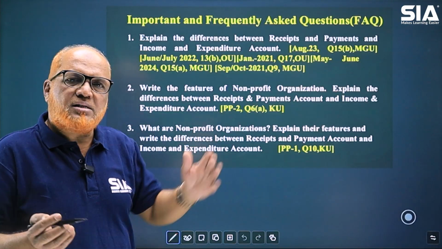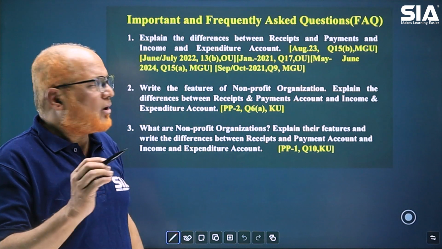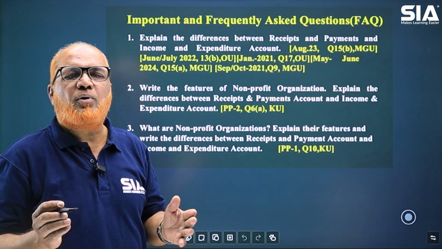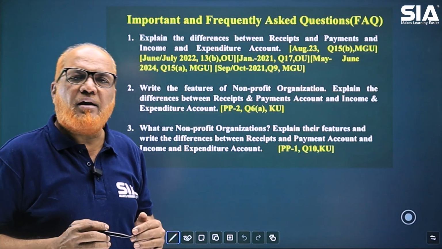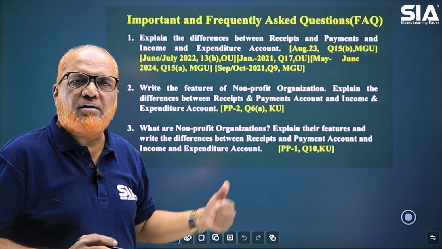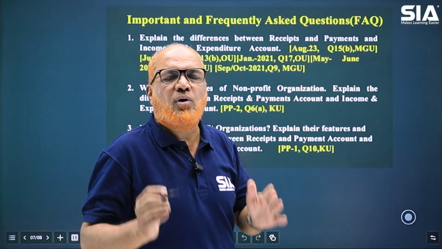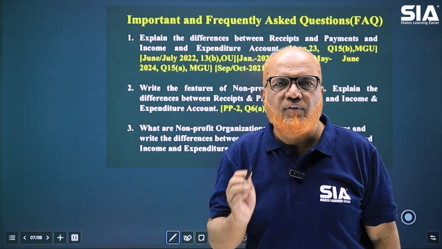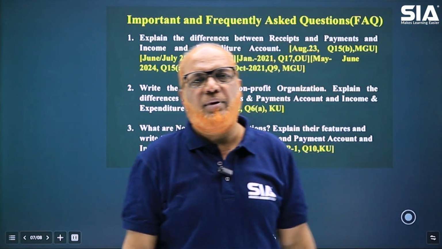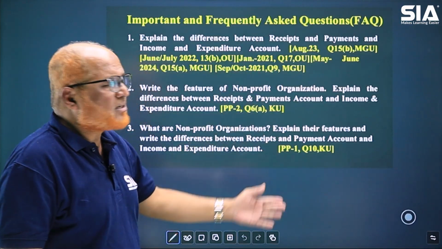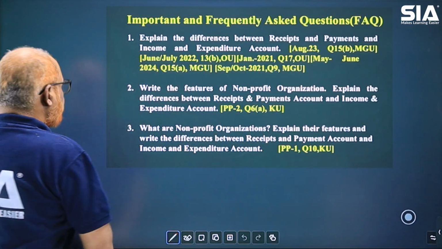So it can be asked directly or indirectly clubbed with another question. For the features and meaning of non-profit organization, watch my earlier videos, where I have explained in detail. But presently I'm focusing only on the differences between receipts and payments account and income and expenditure account. So many times it has been asked in previous examinations.